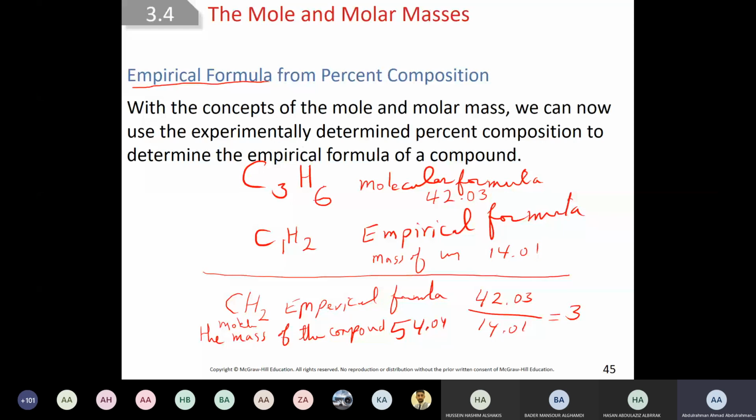This is the true mass here. All right. Then what is the compound? What should you do in this case? You should go and divide. First, find the mass of the empirical formula. What is it? We calculated already. 14.01. What's the mass of the molecular formula?